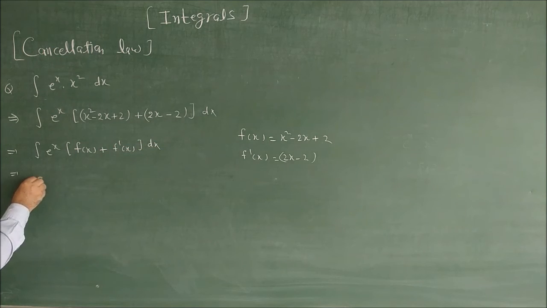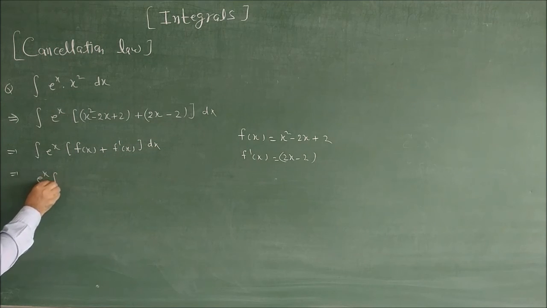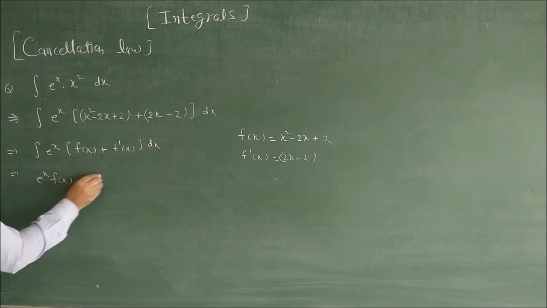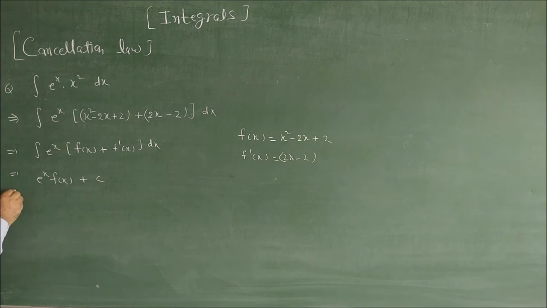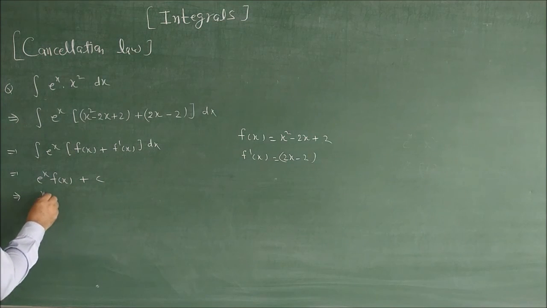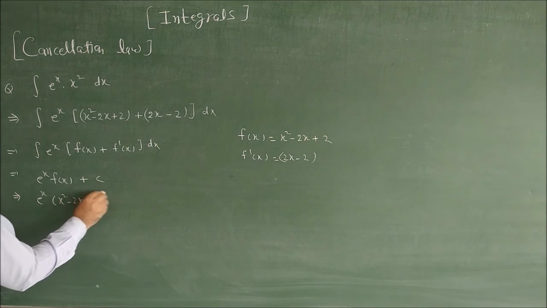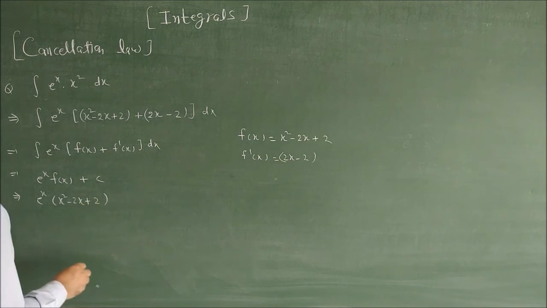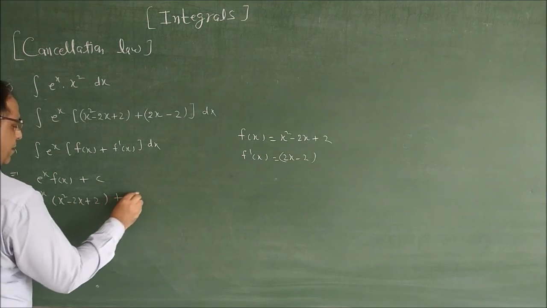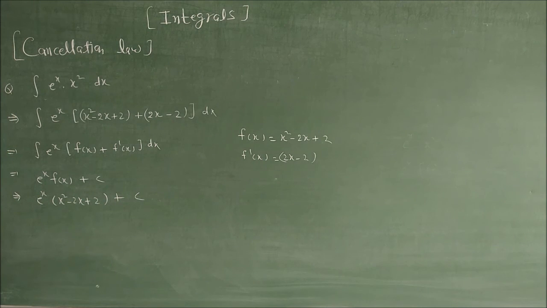And this becomes e to the power x f(x) plus c, e to the power x f(x) is x square minus 2x plus 2, plus c.